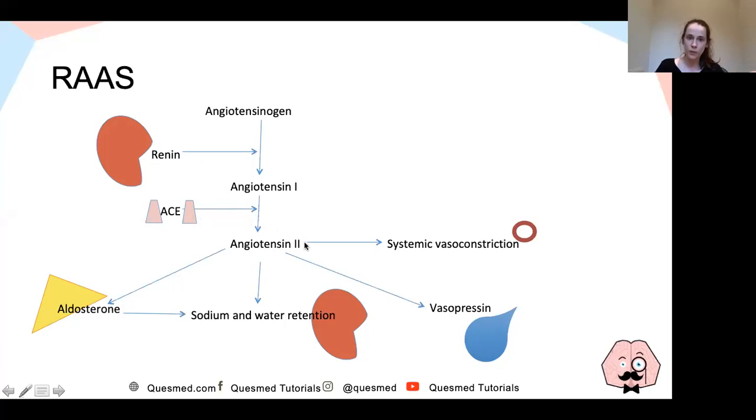And in bringing blood pressure up, it causes a higher glomerular filtration rate, because if we have a higher blood pressure, a higher cardiac output, then we're getting more blood to the kidneys. It does that by increasing aldosterone, which we've already seen causes sodium and water retention in the kidneys, and we've seen how that happens. It causes systemic vasoconstriction, and it also causes vasopressin release, which again, we've touched upon in terms of how that works in increasing circulating volume.